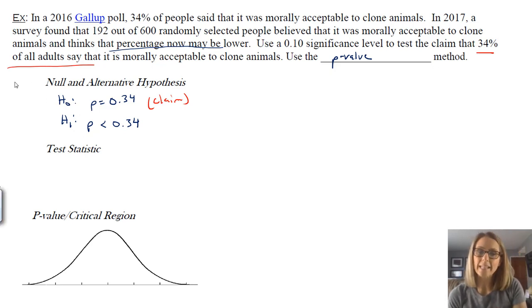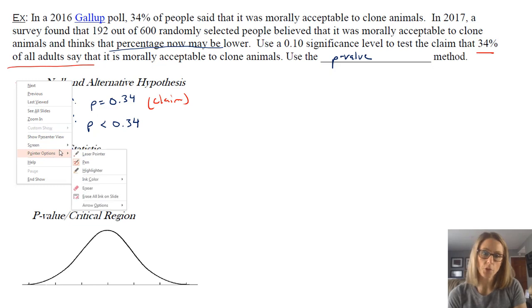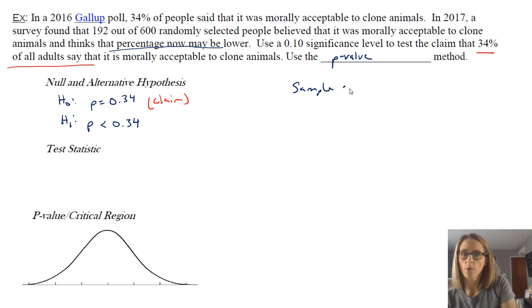So the claim in this case is the null, and that is not as likely as being the alternative, but it could happen. And I'm going to show you the very small change that's made when we find our conclusion based on this idea. All right, so let's do our sample evidence. All right, X, and you can always pause and write it out yourself.